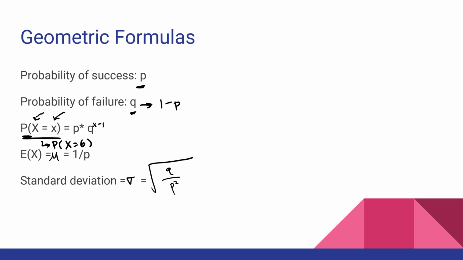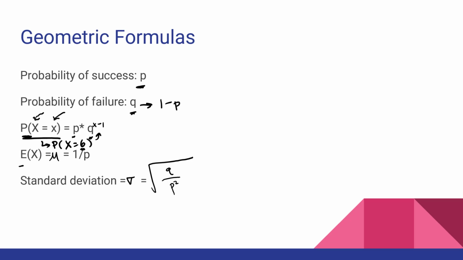We would read this as the probability that we need to run our random situation 6 times before getting a success, so the probability we have to roll our die 6 times before getting a 5. That is equal to P, the probability of success, times Q to the power of small x minus 1. In this case, our small x is 6, so it would be Q to the power of 5.